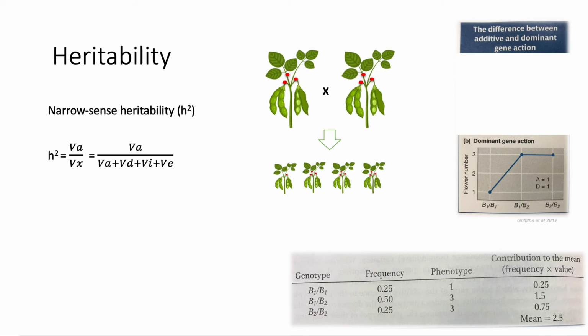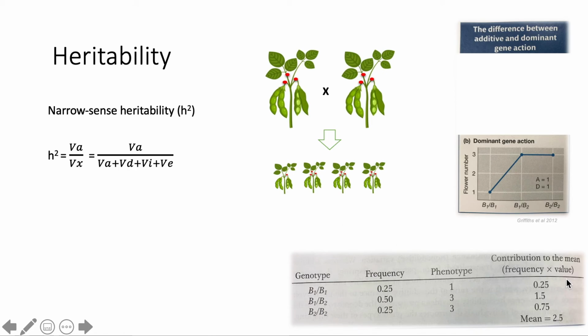And when I cross those two parents, 75% of the progeny is going to have three flowers, and 25% is going to have just one flower.